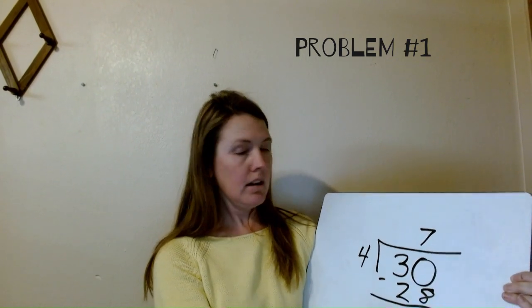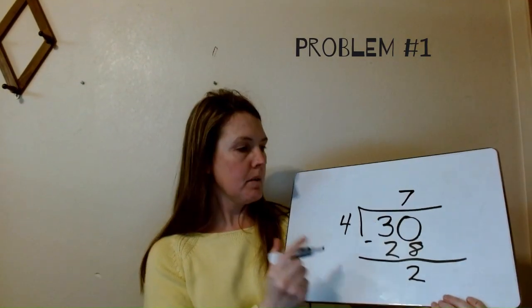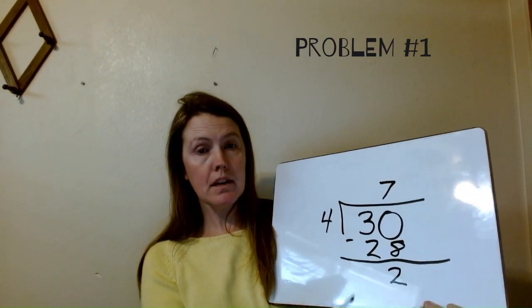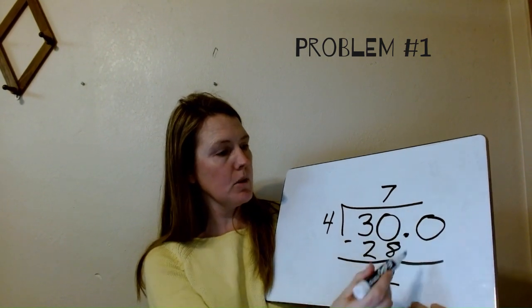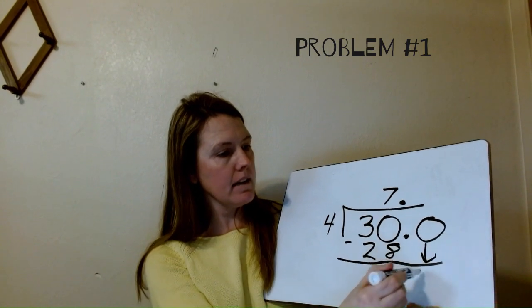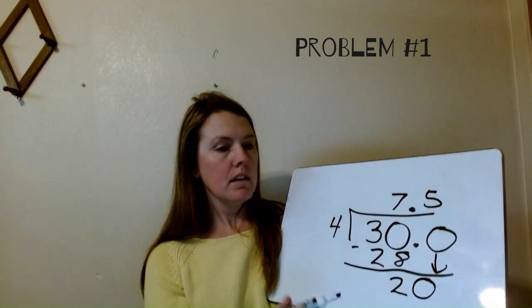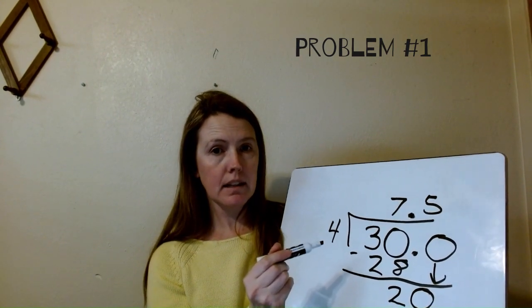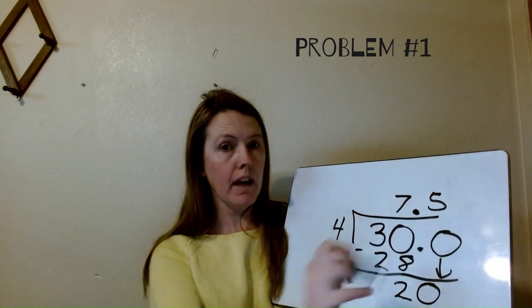Now, in the past we would have had a remainder of 2, but we don't do remainders anymore in 5th grade. We're going to add a decimal and a 0 here. I'm going to put the decimal up here, bring down that 0, and say 20 divided by 4 is 5. So the place where that decimal goes in number 1 is between the 7 and the 5.